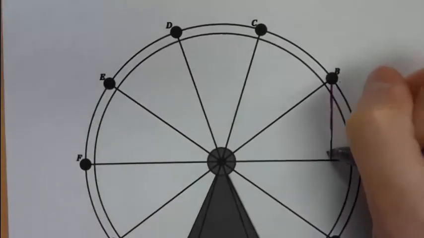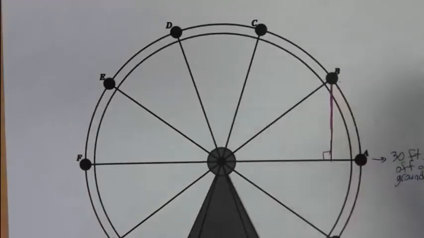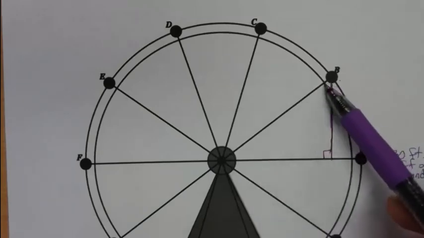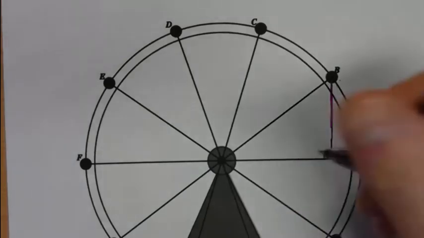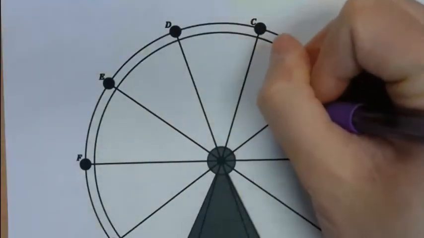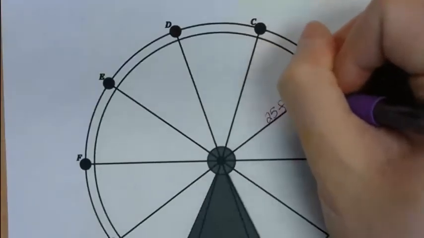So that means that we have a right angle right there. And we know some more information as well. We also know that from the center to B is the radius of our Ferris wheel. They already told us a couple times that that is going to be 25 feet.